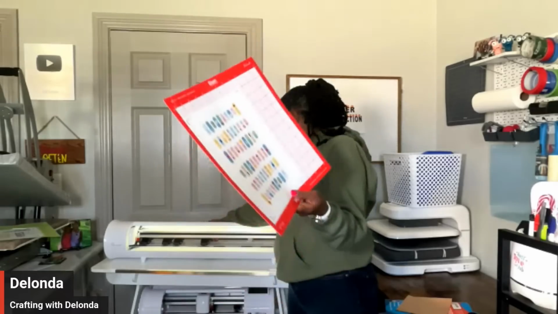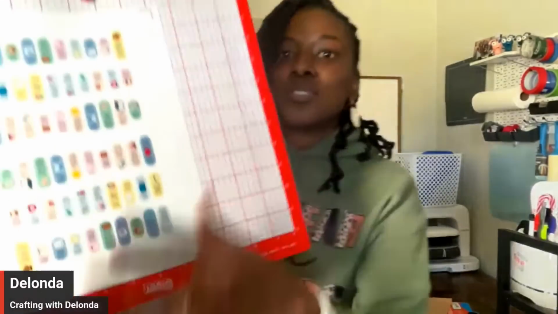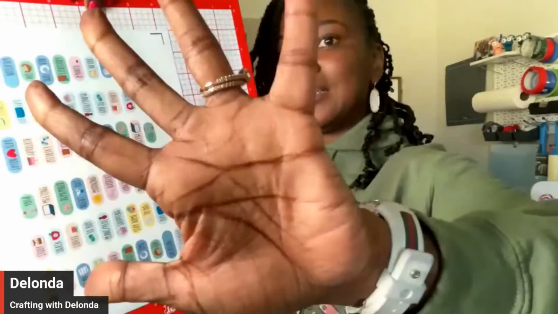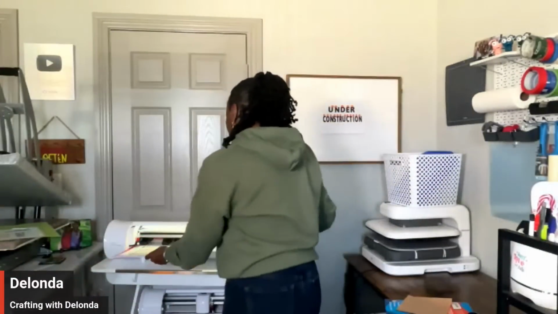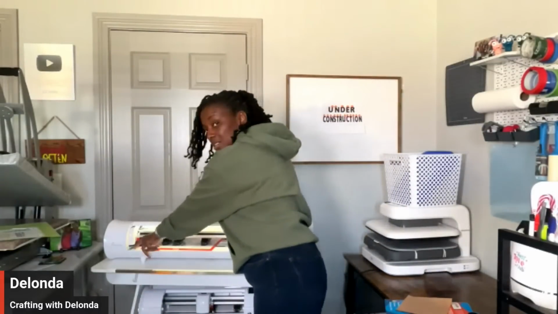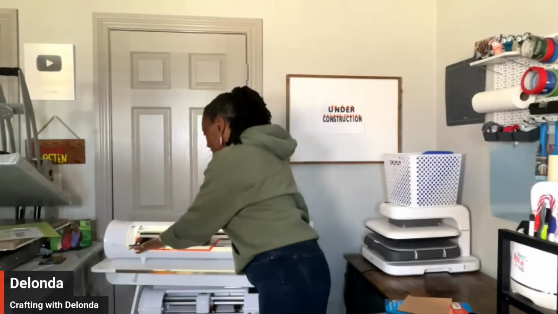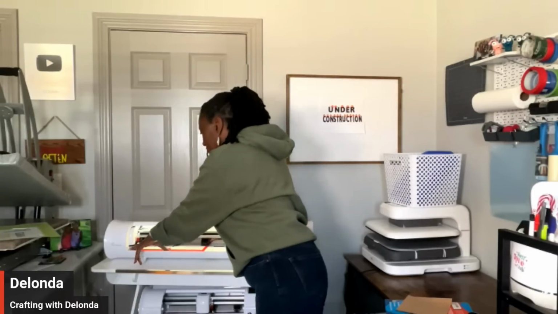I like this paper because the paper is dry as soon as it comes out. Nothing on my fingers. I like to line up my mat along the side right here. There's like a lip. I like to line up my mat right there. And then I lock it.